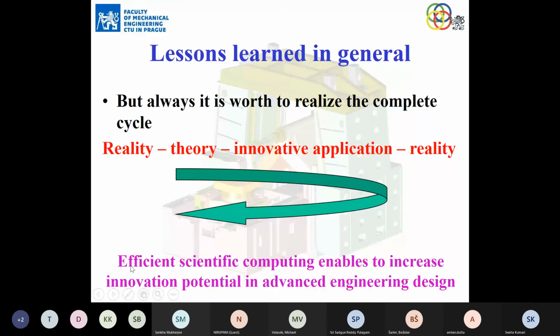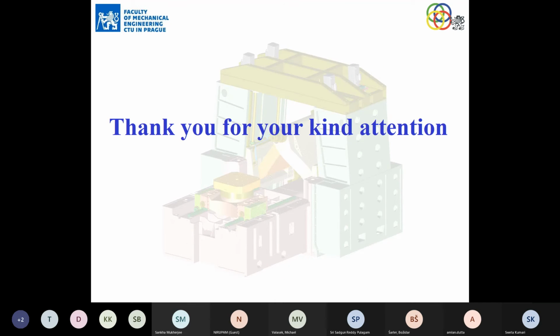And the key bone of that was efficient scientific computing that enables us to increase innovation potential in advanced engineering design. And my conclusion from that experience is that any increase in computational capacity, capability, efficiency is capable of immediately contributing to improving the innovation and design process. Thank you very much for your kind attention.